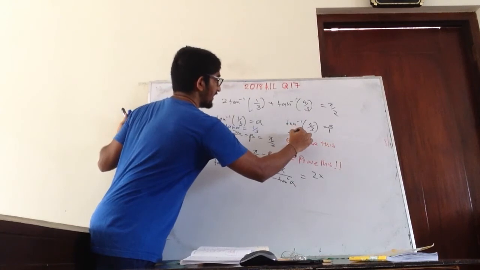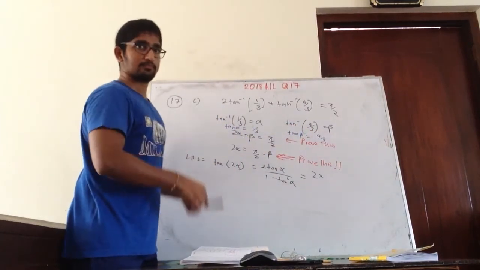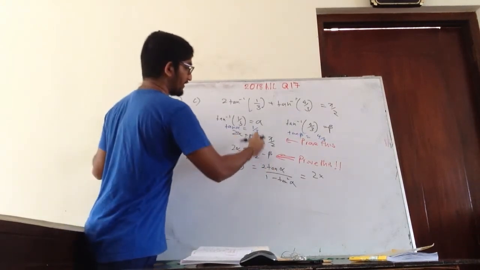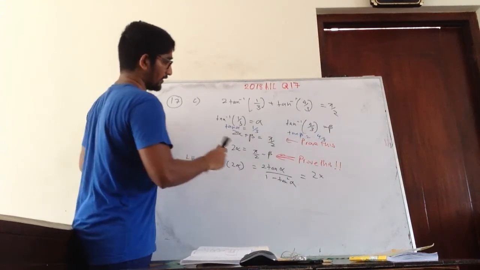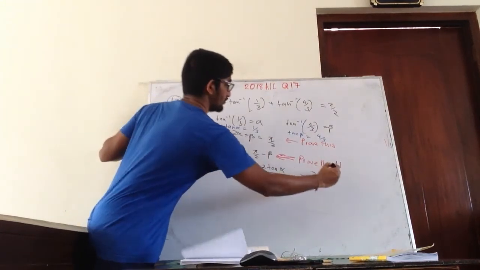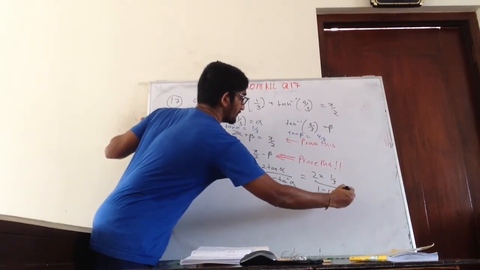Here tan beta equals 4 over 3. So if I take the tan values of this, I will get 2 times 1 over 3 over 1 minus 1 over 3 squared.